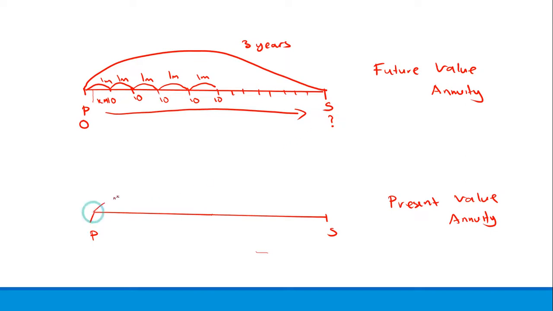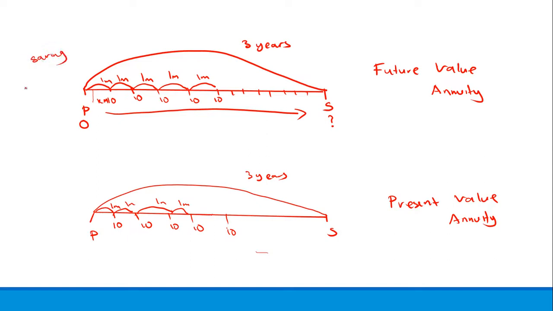For this case, let's say you borrow some money for 3 years. Every 1 month you pay 10 ringgit. In the earlier case you were saving or investing, but in this case you are paying money, because you take a loan or you borrow.